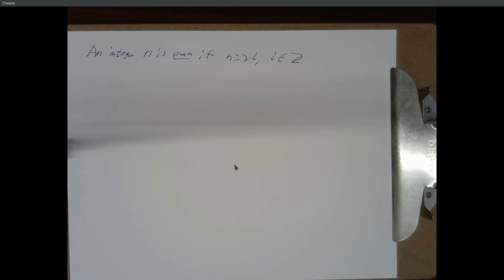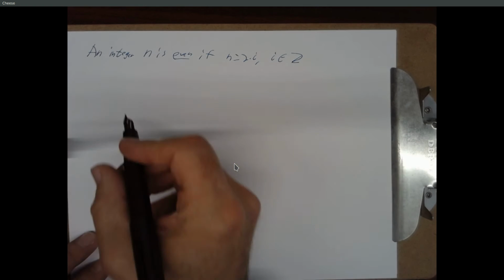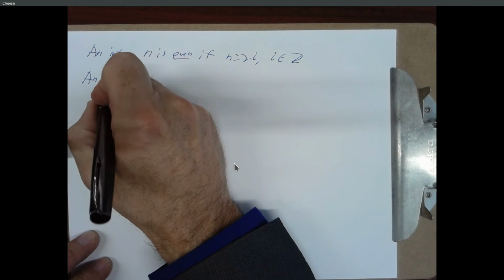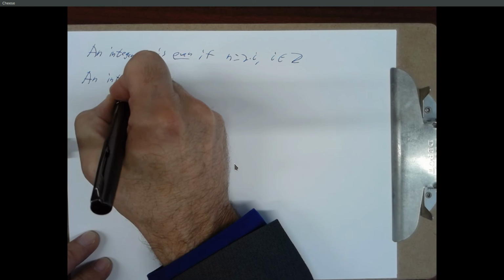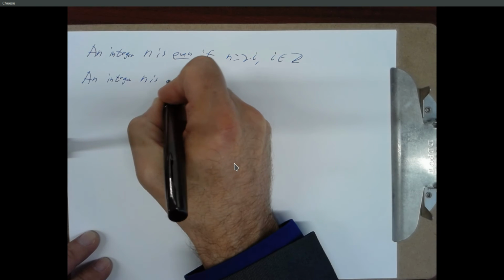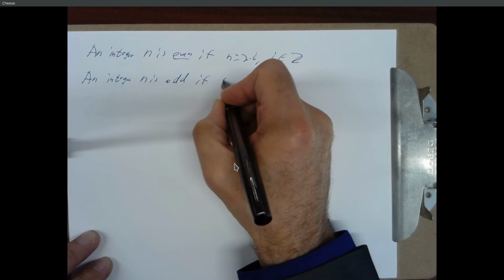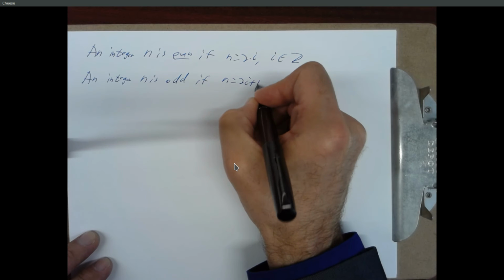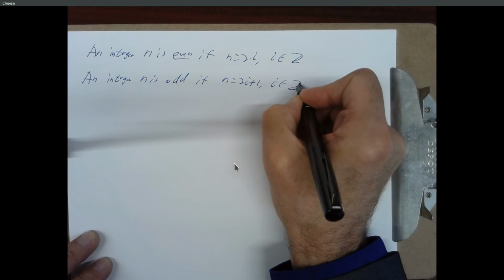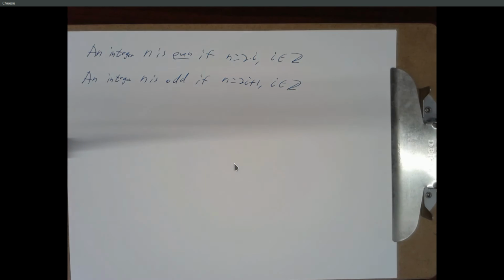So an even number is divisible by 2, basically, in the sense that if you divide by 2, you get a whole number. And an integer n is odd if it can be written as 2i plus 1, where I is an integer. Or if you like, if it's one more than an even number.